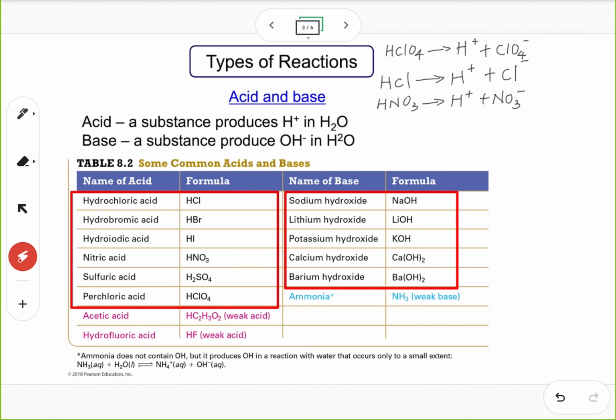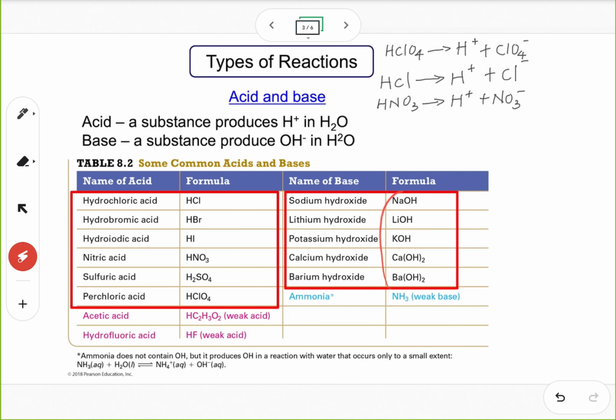And a base is a substance that can produce OH minus when you dissolve it in water. Of course, the water formula is not correct here. The 2 should be a subscript. But anyway, let's take a look at some common bases.